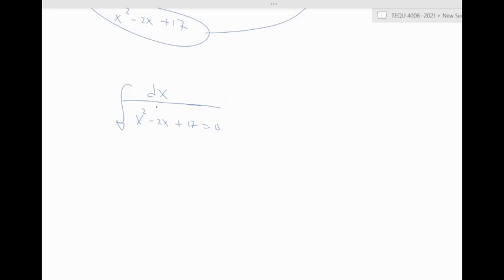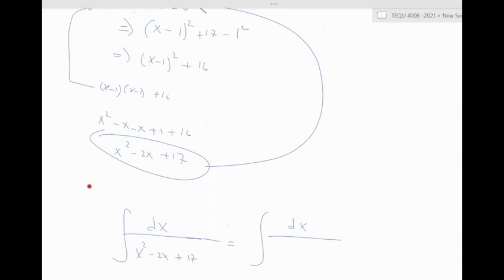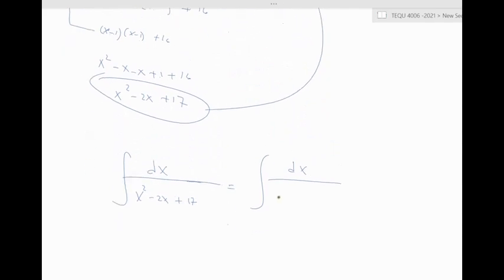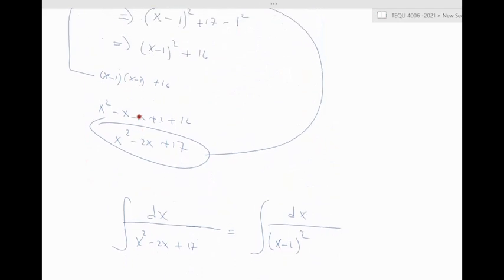Let's erase what is not necessary. There we go. If I'm doing the integration of that function that is shown there, how do I do that? Well, basically, we just complete the square at the bottom, and the result is x minus 1 squared plus 16.